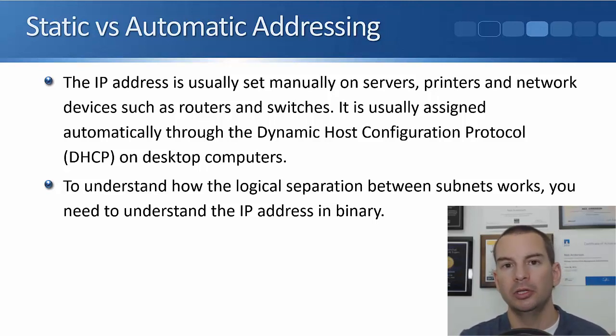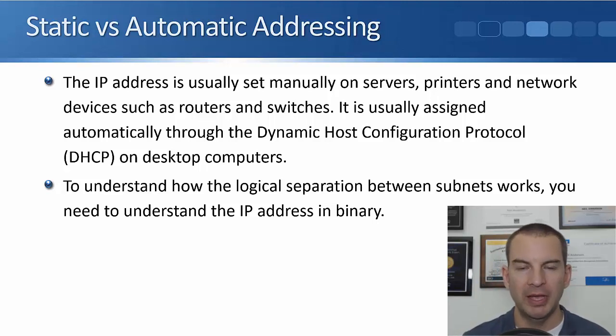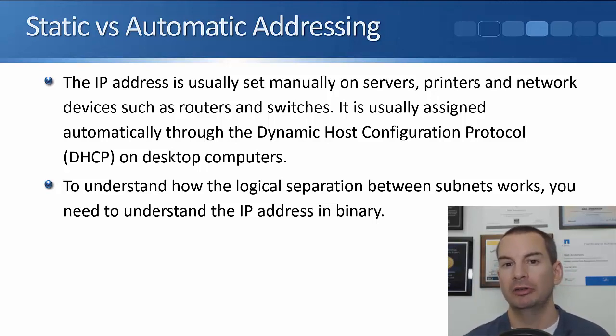The reason that you want your PCs to get their IP address automatically, if you imagine we're in an office with 6,000 people for a large company, you're not going to want to have to go around 6,000 different PCs and configure the IP address manually on all of them. You can centralize that through the use of a DHCP server. It's much more convenient.